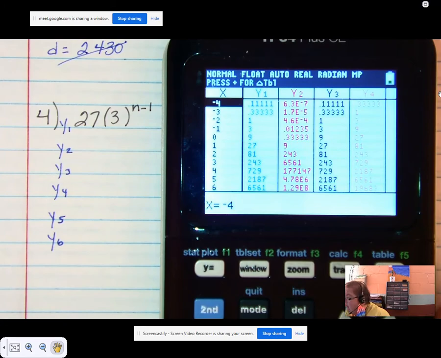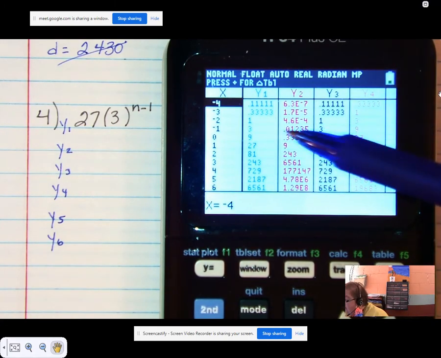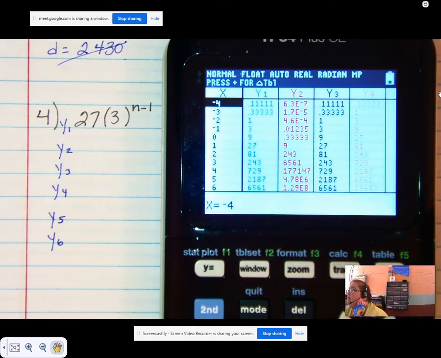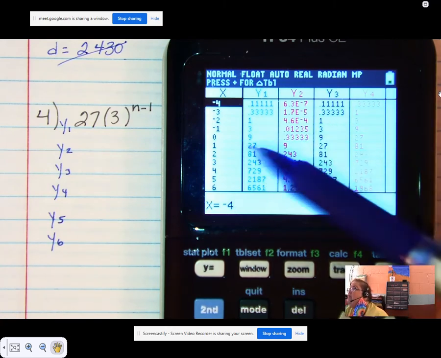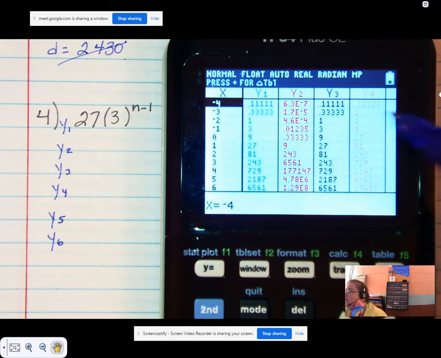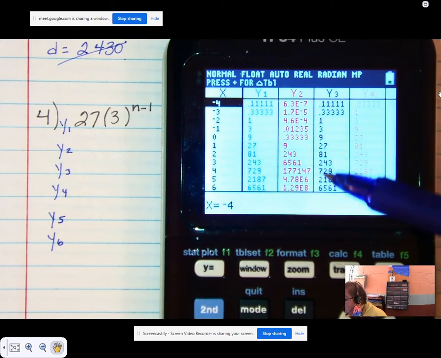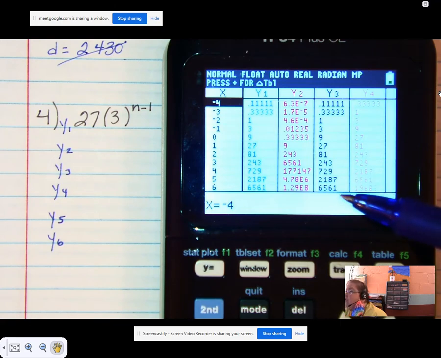They have to be the exact same all the way down. I just want you to make sure you're looking up here and seeing. When you have all the exact same answers in that column, those are the ones that are going to be your answers.